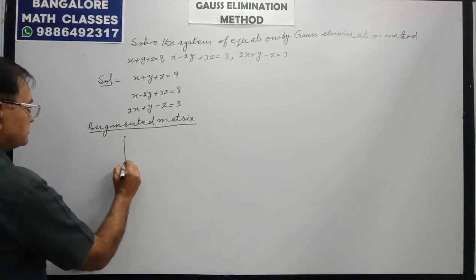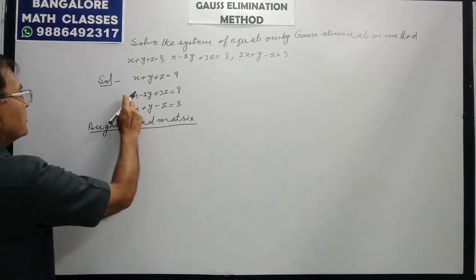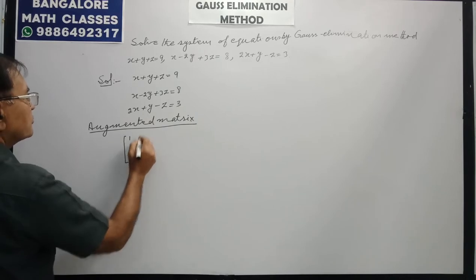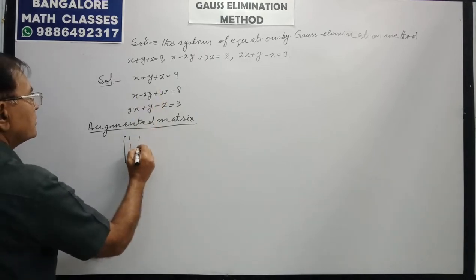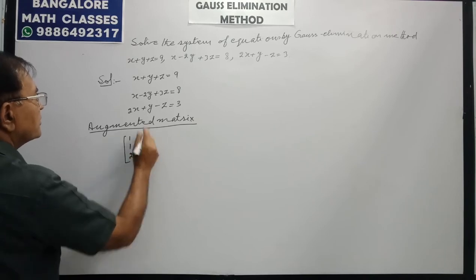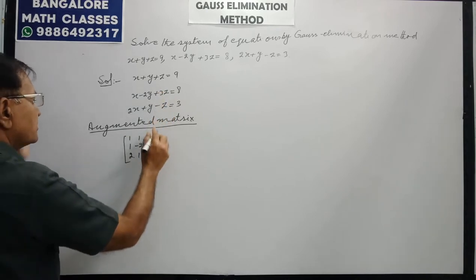The matrix A has the rows 1, 1, 1; 1, minus 2, 3; 2, 1, minus 1, the coefficients of x, y and z.